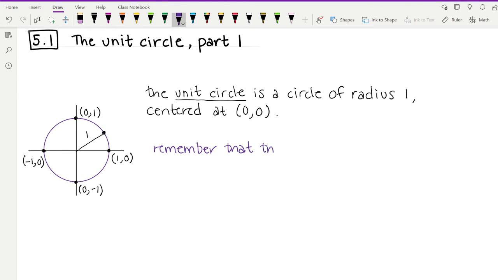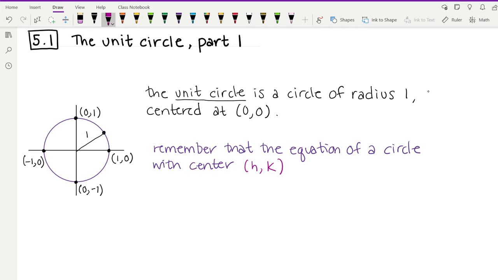So the equation of a circle with a center of the point (h, k). We're using h to represent the x coordinate of the center and k to represent the y coordinate of the center. And additionally a radius. We'll use the letter r to represent the radius.